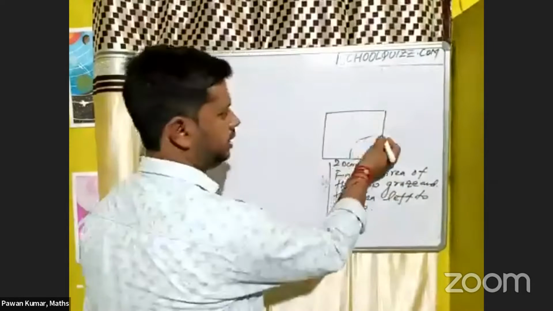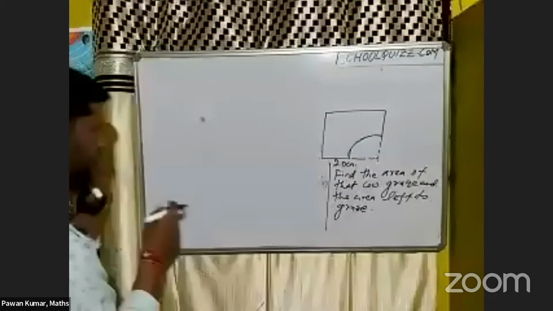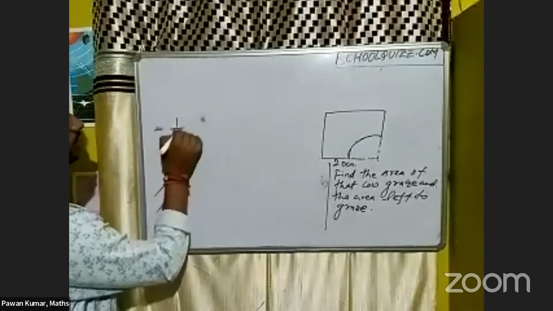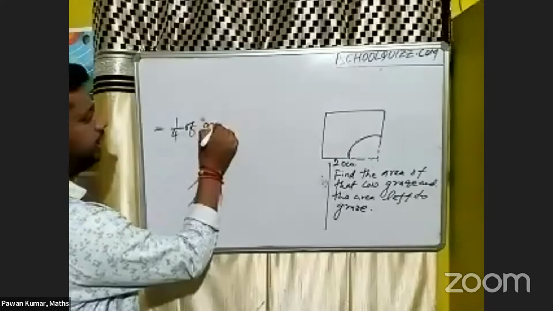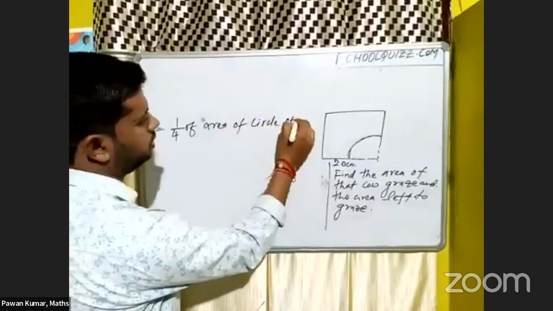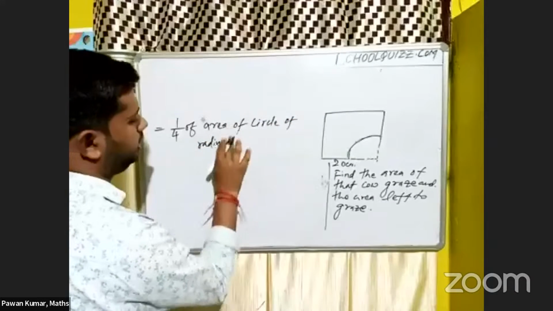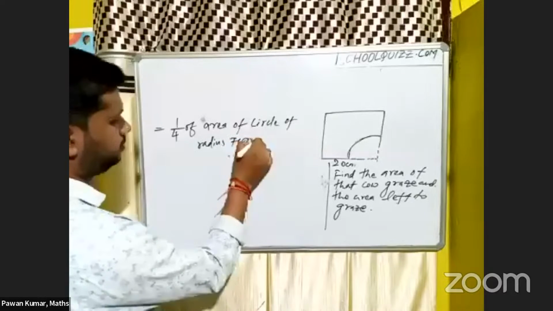Understand? So, कितने एरिया का वो ग्रास कंप्लीट कर देगा। If I say this one, this is nothing but 1/4 of area of circle of radius 7 centimeter.